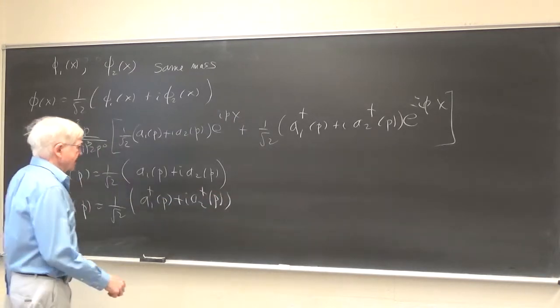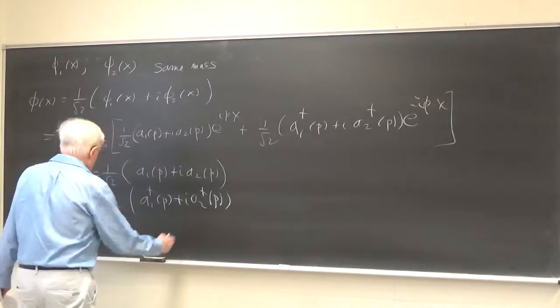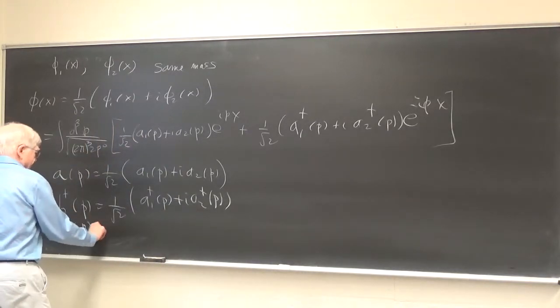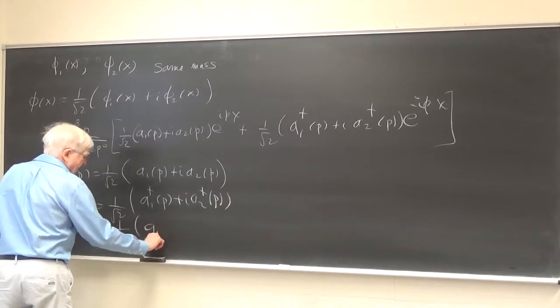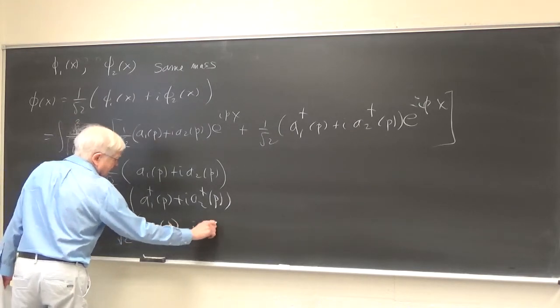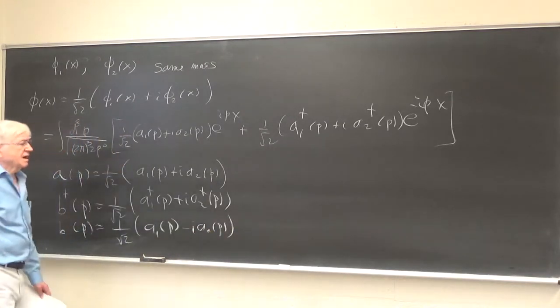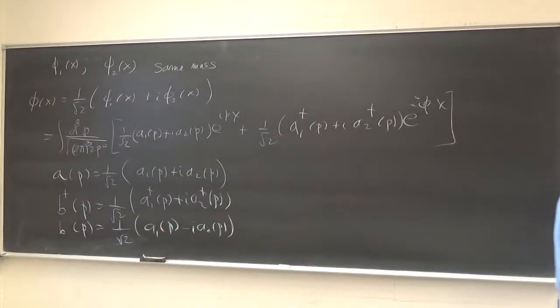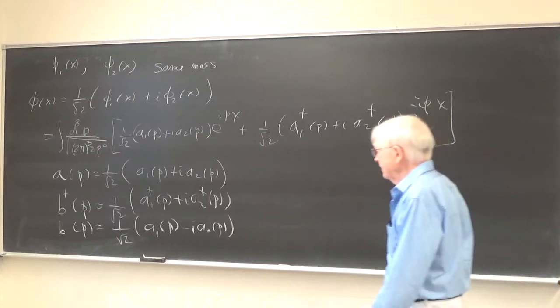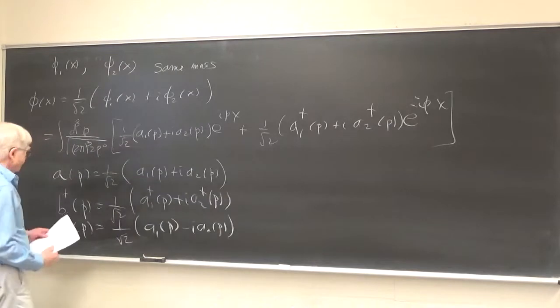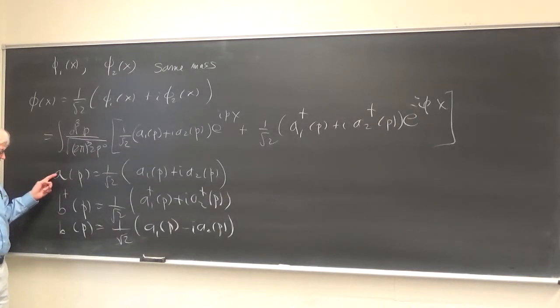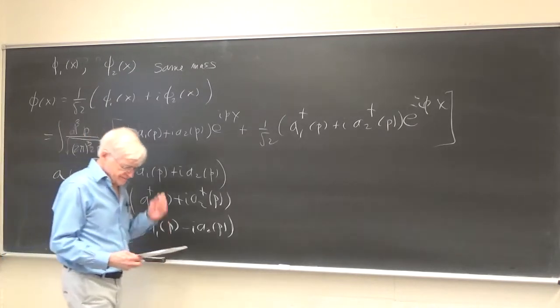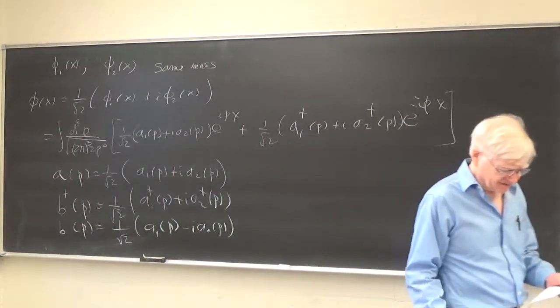And of course, this implies that b is the adjoint of that, so in particular, b of p is 1 over root 2, a1 of p minus i a2 of p. And this trick of going from two Hermitian fields of the same mass to a complex field in which you have annihilation operators for particles and annihilation operators for antiparticles is very, very general.